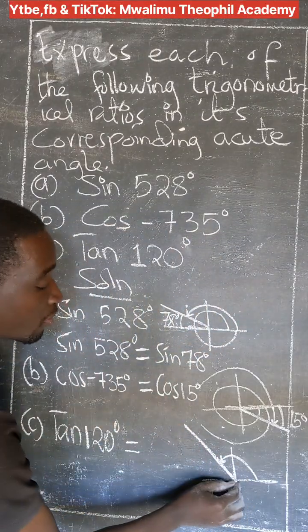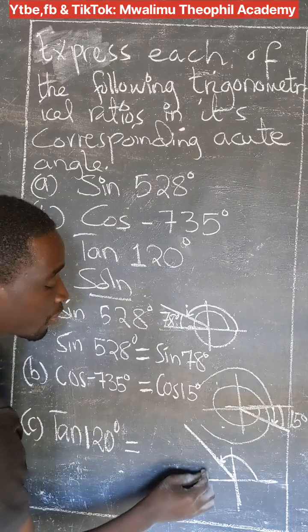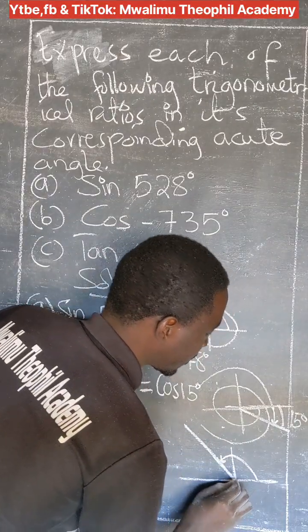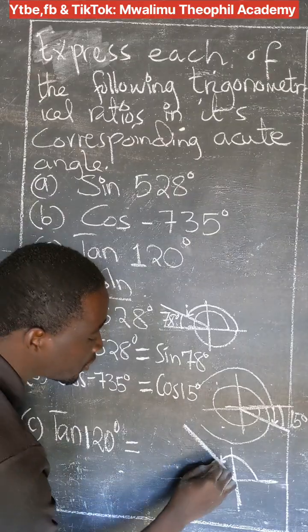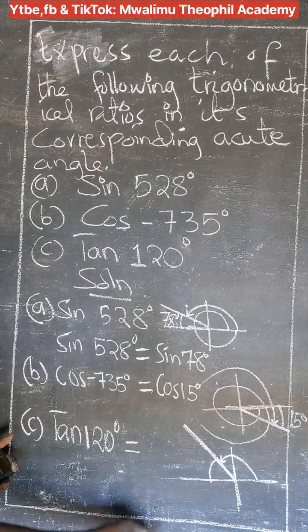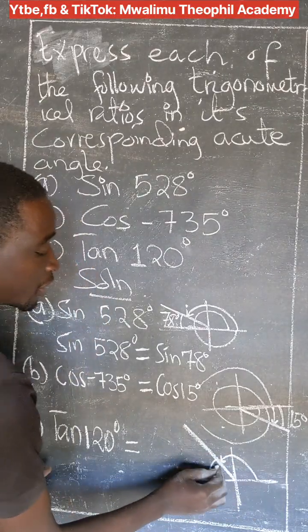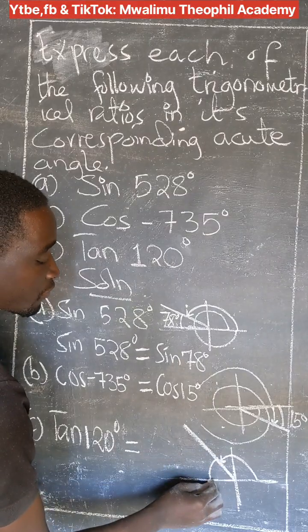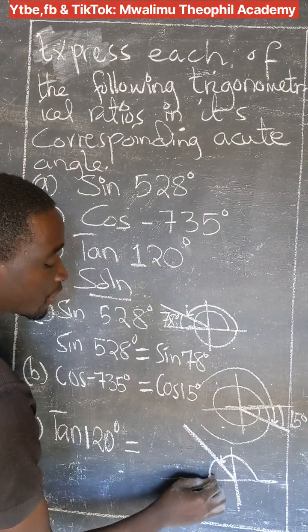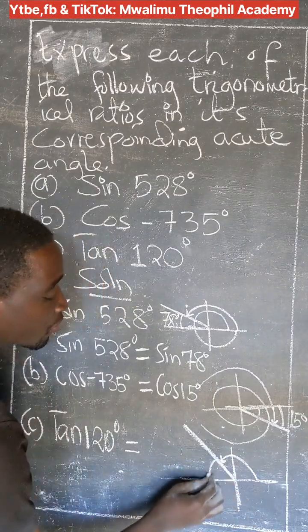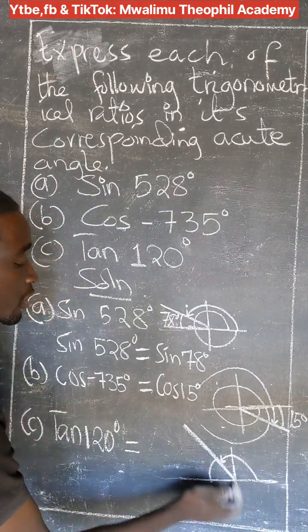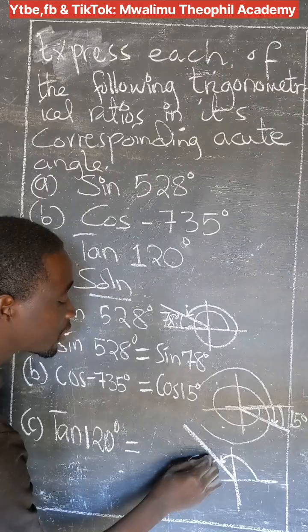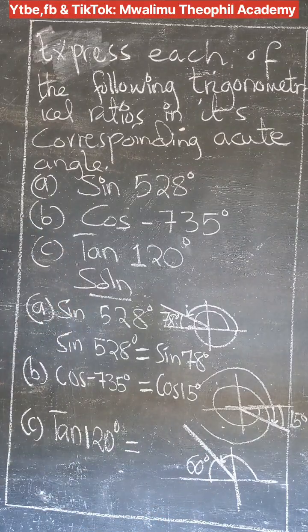The corresponding acute angle will be the angle between this line to which our angle has ended and the horizontal. Remember, here we have already 120. What are we left with to reach the semicircle, 180 degrees? It is 180 degrees minus 120, which gives 60 degrees. So the corresponding acute angle is 60 degrees.